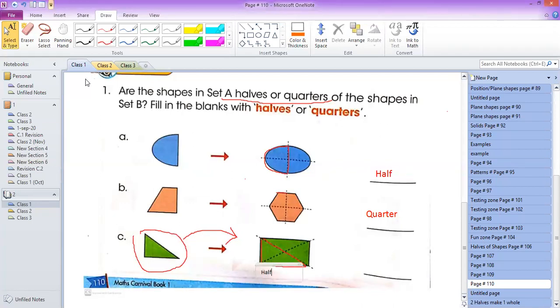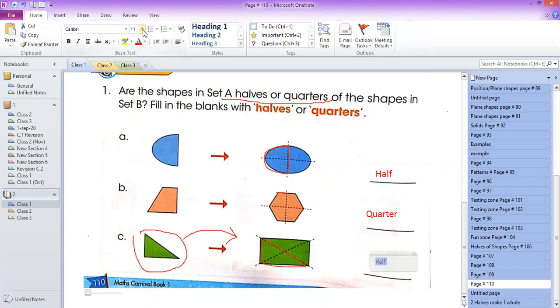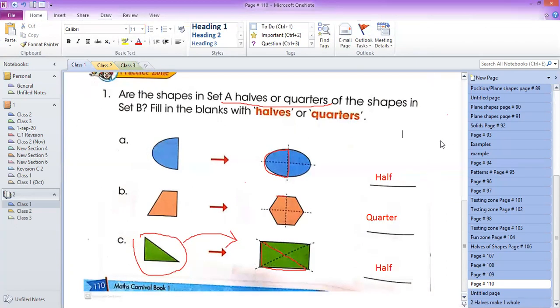It is half. You can see this quarter and this quarter. There are two quarters in this, and this is exactly one half.